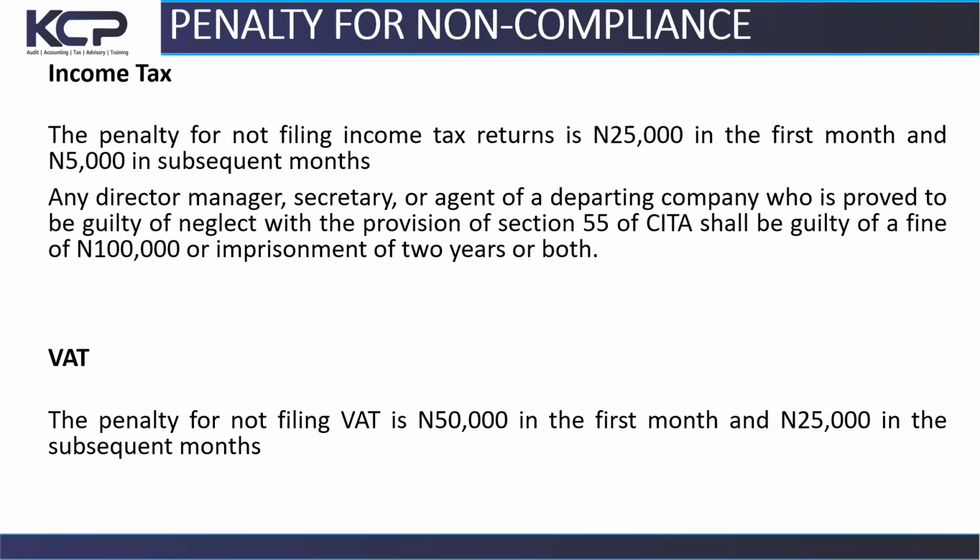Okay, so for VAT, the penalty for not filing VAT is 50,000 in the first month and 25,000 in the subsequent months. Because of this fine, I advise my clients who have not even met the threshold for charging VAT, whether you have met the threshold or not, the responsibility for filing is different from the responsibility of charging.